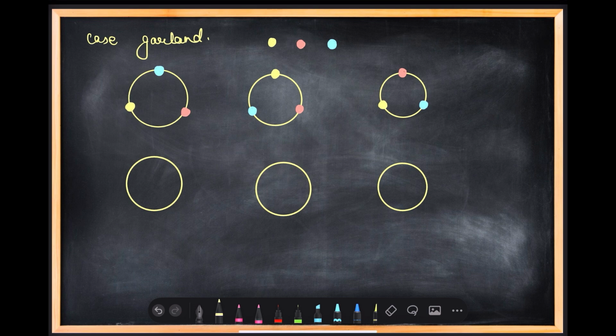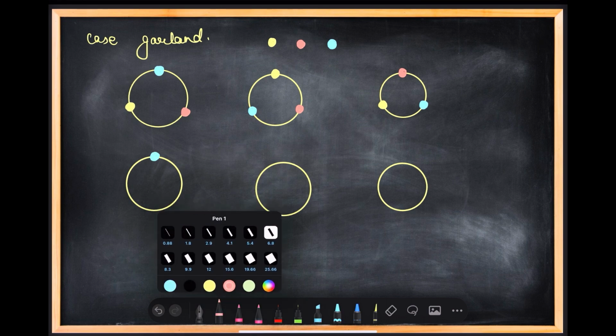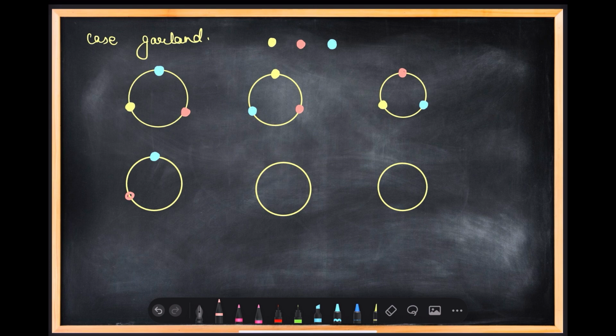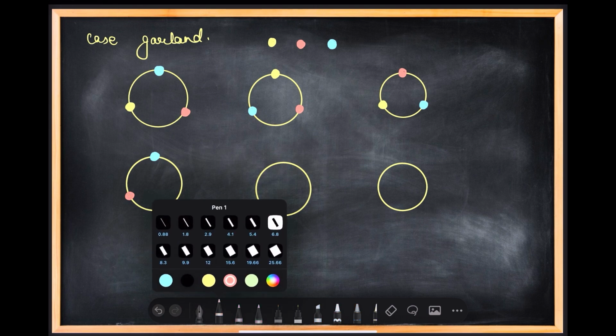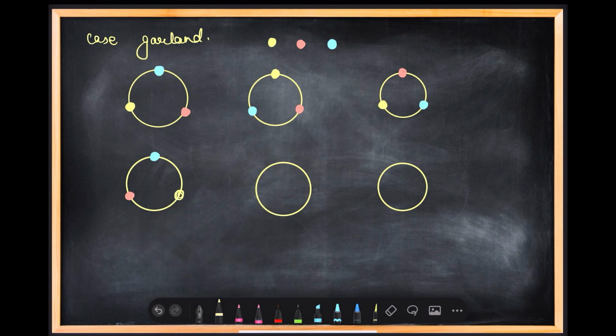Now look at this. I will ask blue to sit here, and just keep in mind that it is the case of a garland. Now they will say it is different, right?